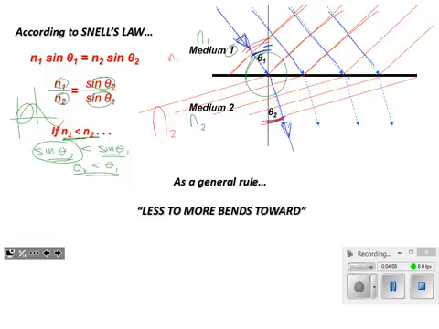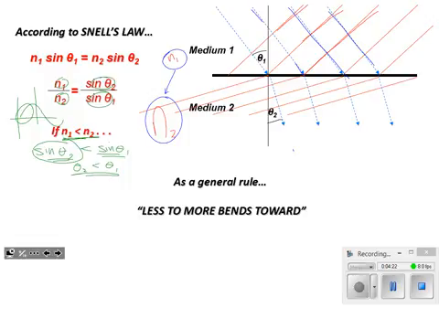When we say that in our diagram above, something went less to more, notice, we went from a smaller index of refraction, medium 1, to a substance with a larger index of refraction, medium 2. So when we say less to more, we're referring to index of refraction.